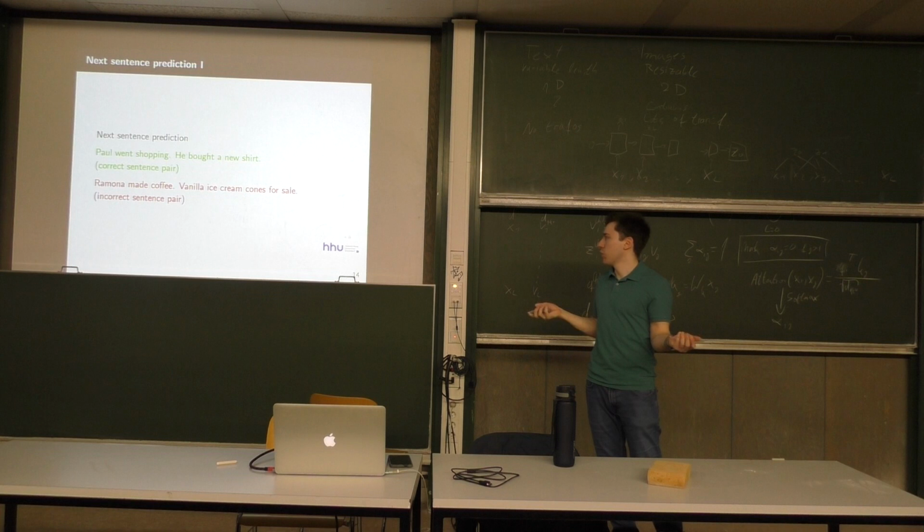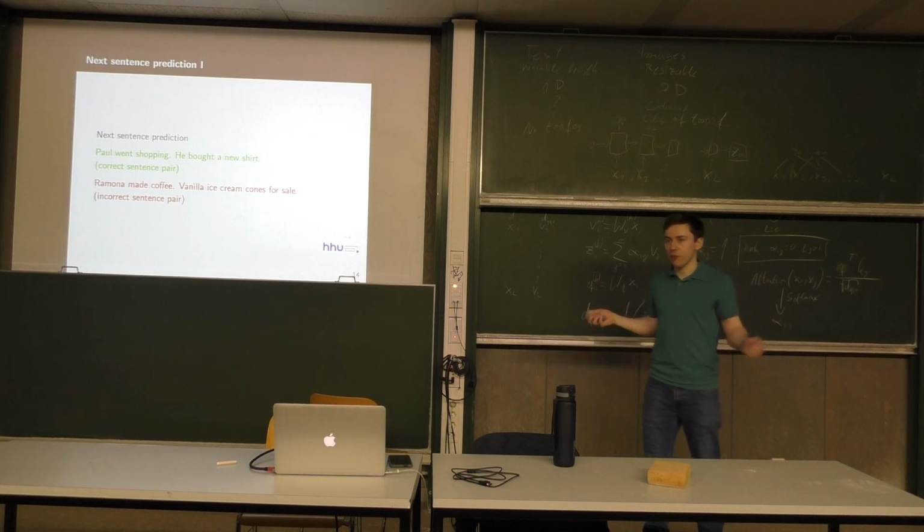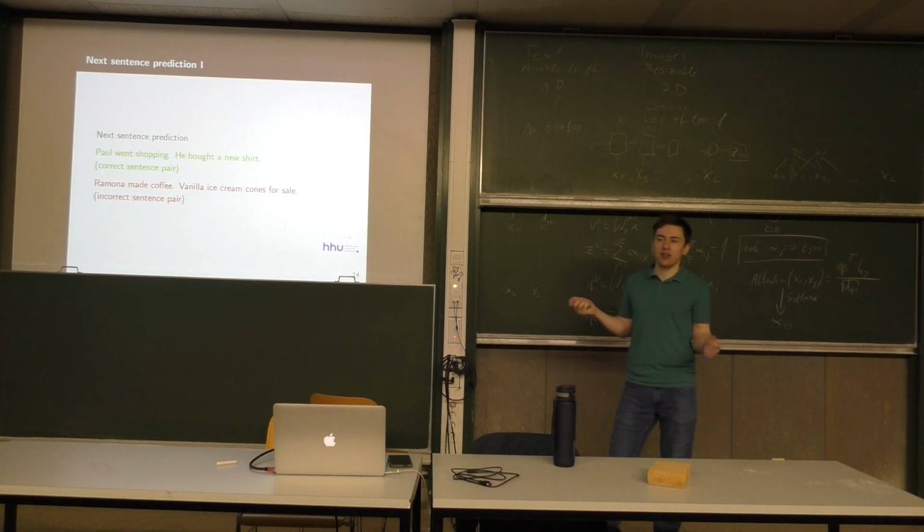Second sentence is Ramona made coffee, vanilla ice cream cones for sale. Okay, both texts have something to do with food, but otherwise they're not connected. It's a non sequitur. There's usually not a perfect yes or no answer. Of course, sometimes in real text there are non sequiturs where it's not clear how or why the next sentence follows on the first, but usually it's also quite good.